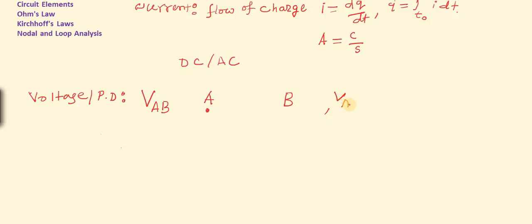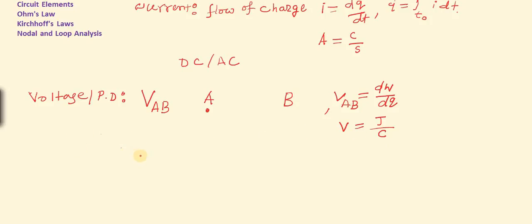Mathematically, VAB is equal to dW/dQ, where W is the energy measured in joules and Q is the charge measured in coulombs. So the potential difference or voltage, measured in volts, is equal to joule per coulomb.